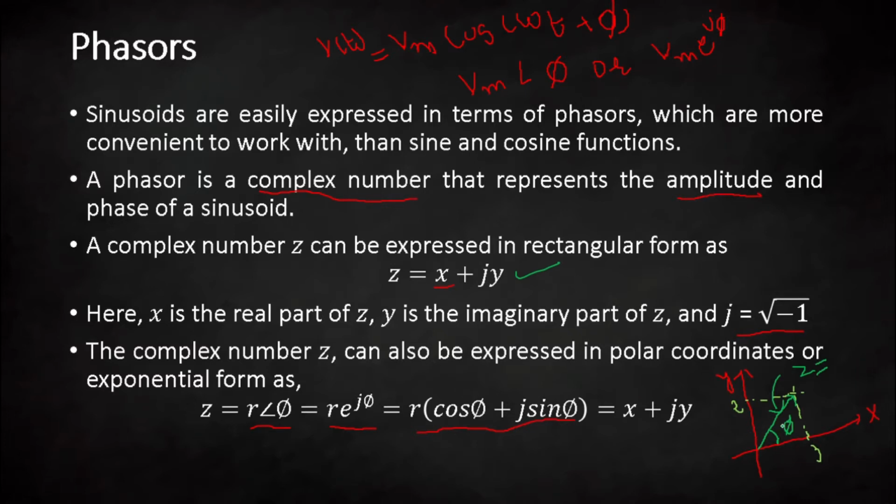That way you can find the value of phi and the value of z. So you can easily convert a rectangular form into any kind of form. If you want to convert your rectangular phasor into polar coordinates or exponential form, you can easily convert using this. Now let me clear all these things up for you.